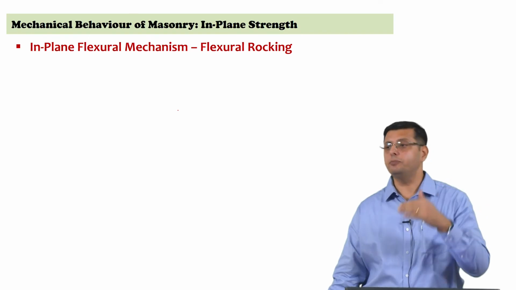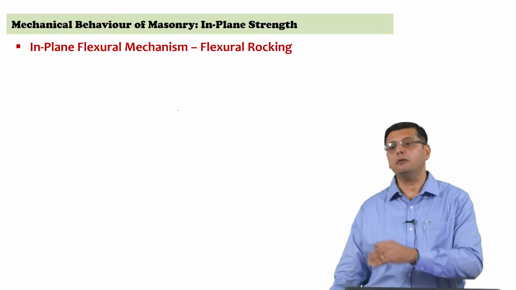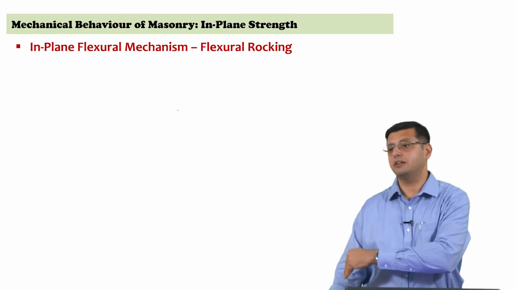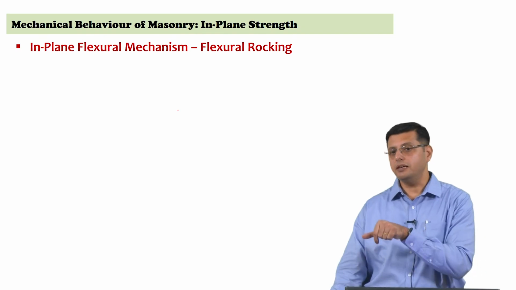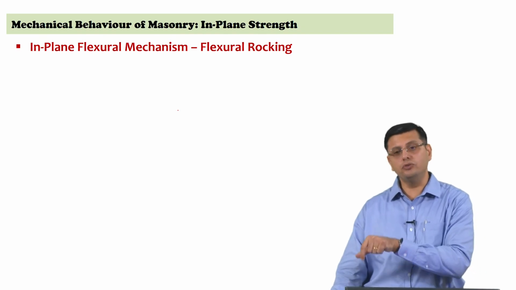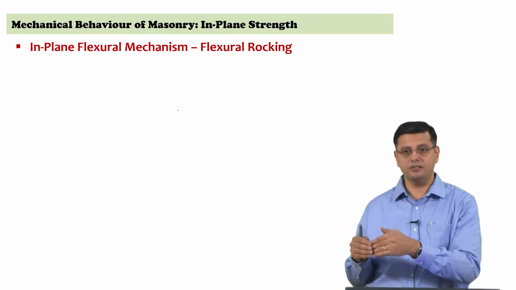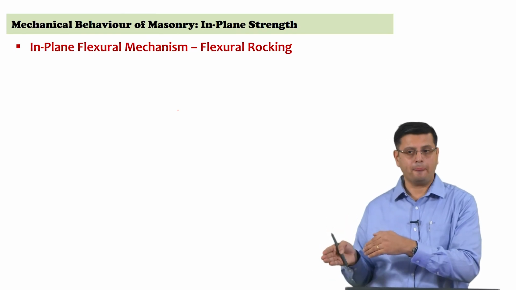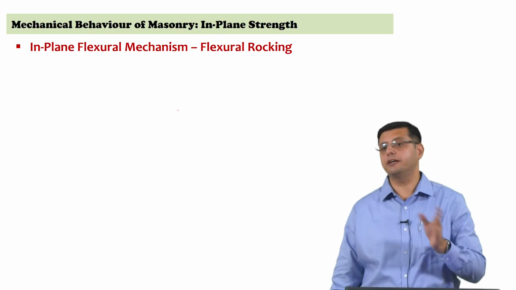Now, if the level of precompression is not high, the problem is you might not reach crushing failure at the toe, which means the wall is going to continue to carry the gravity forces and not get crushed. This is particularly the case when the level of precompression is very low.